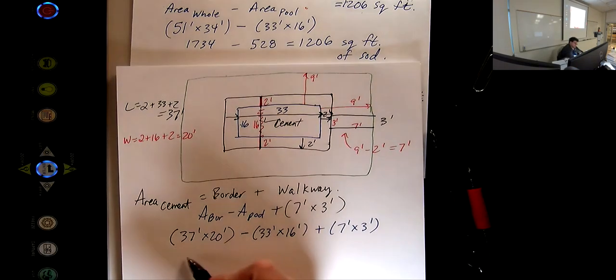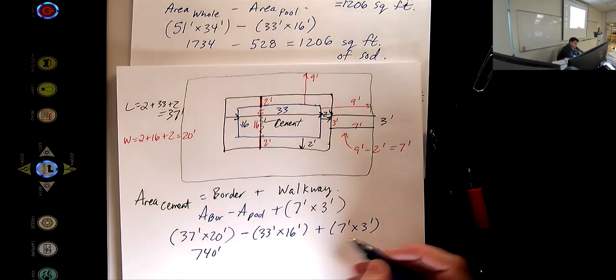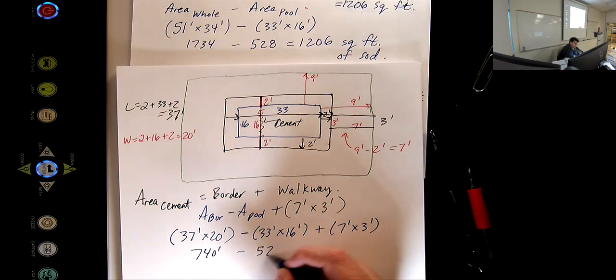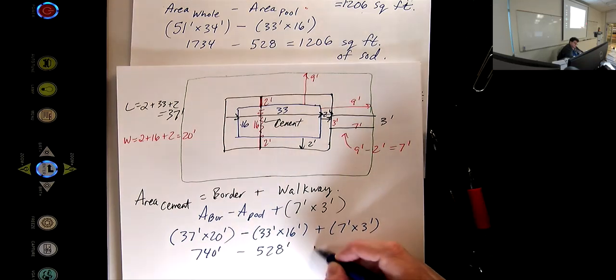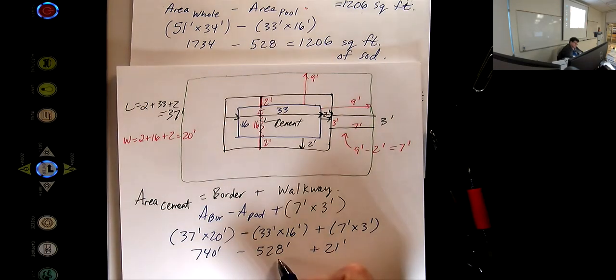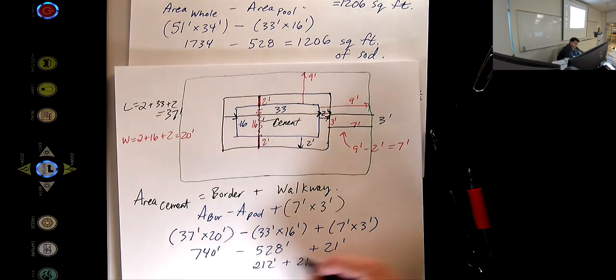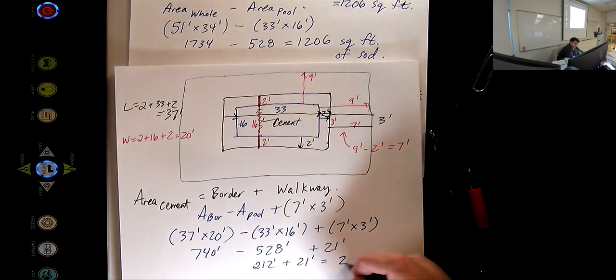This is, what is that, 740? And this was 528. And this is 21 feet. 740 minus 528 is 212. Plus 21, we have 233 square feet.